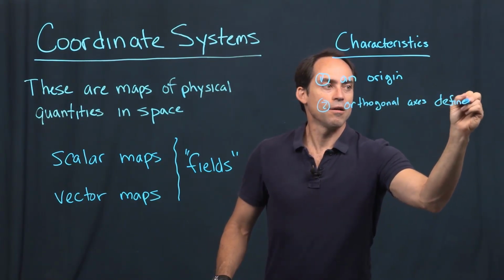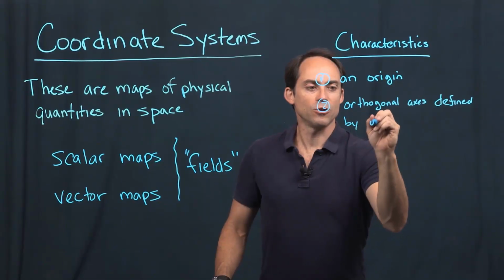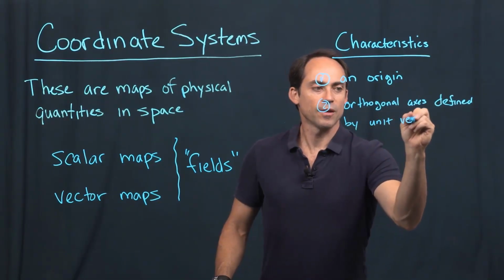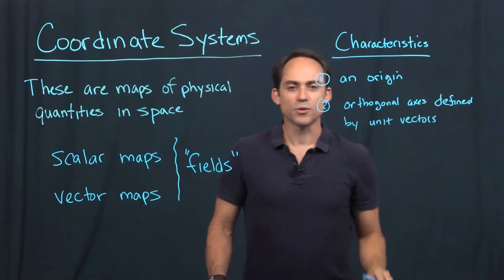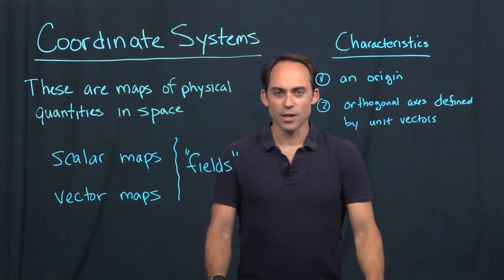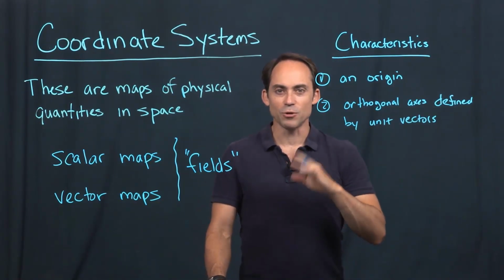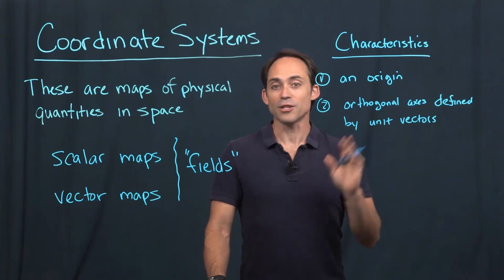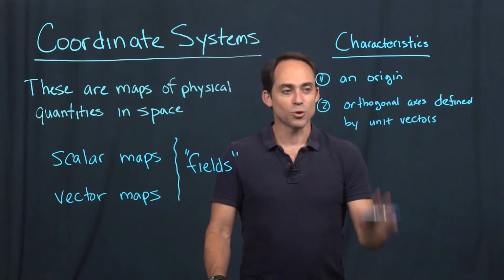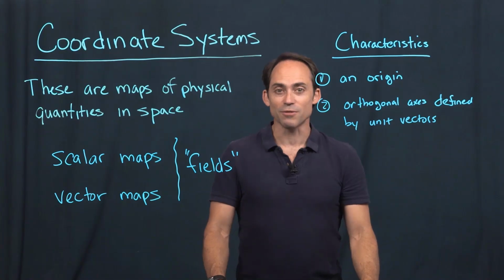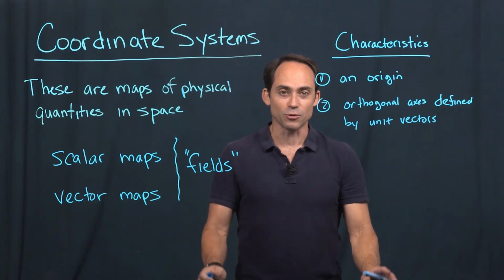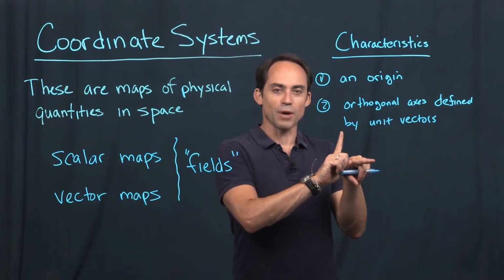All right, so if you remember from our vector video, we talked about how vectors have unit vectors that determine just the direction in which these vectors point. So coordinate systems have unit vectors that define them, and they define them on orthogonal directions, which means those directions come in at right angles.